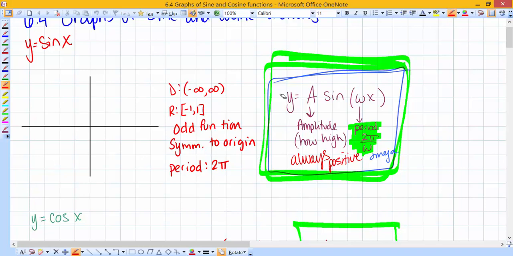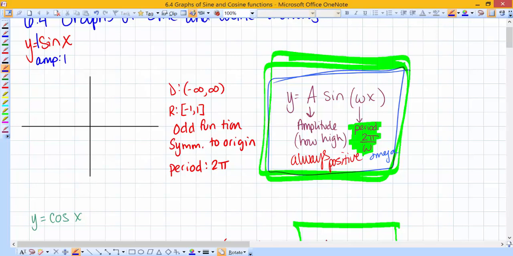Now, if you haven't grabbed your unit circle, pause this, get your unit circle. I need you to understand where I'm getting the values from for this first sine graph. So when I'm looking at this sine graph, there is not a coefficient that I can see in front of sine, which means there's an invisible 1. So my amplitude is 1.